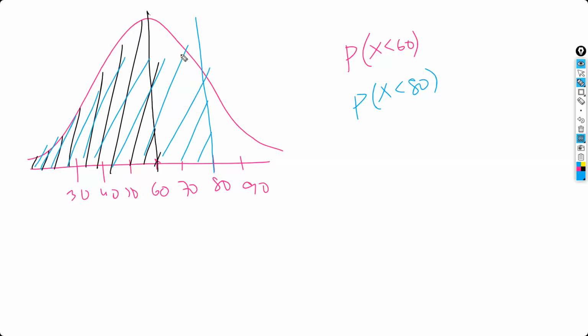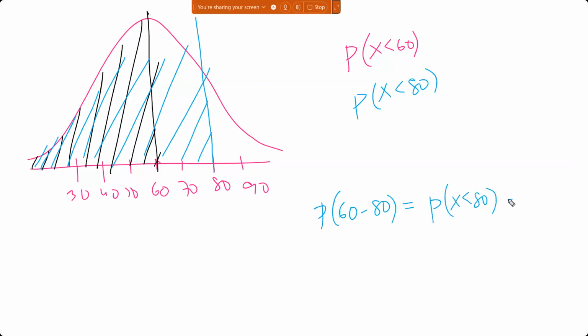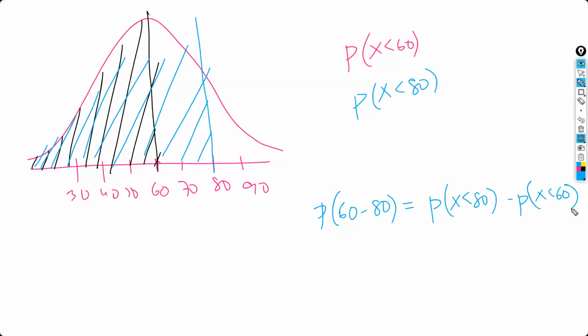Automatically the balance will be my requirement. Point is clear? So the probability of 60 to 80 is nothing but the probability of x less than 80 minus the probability of x less than 60. The reason is this one. Just observe, and if you have any question, please ask clearly.